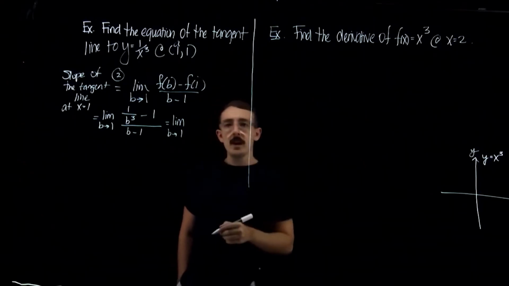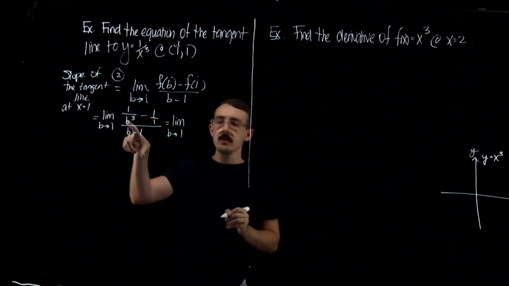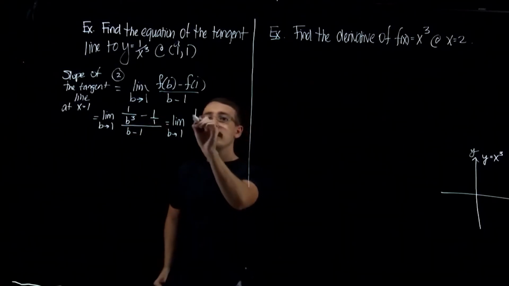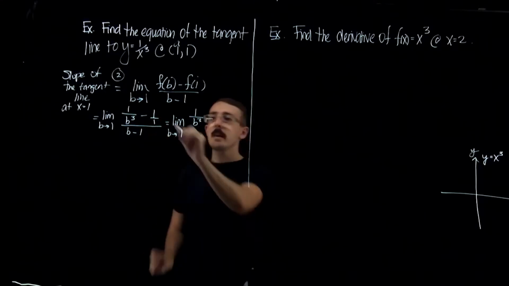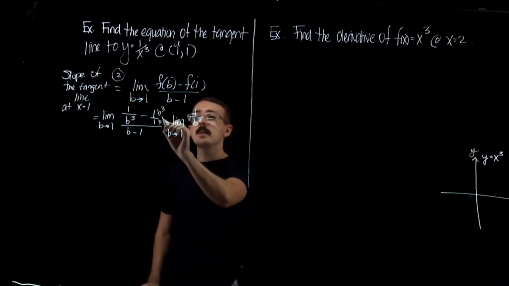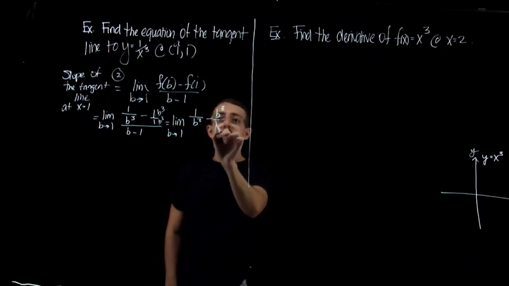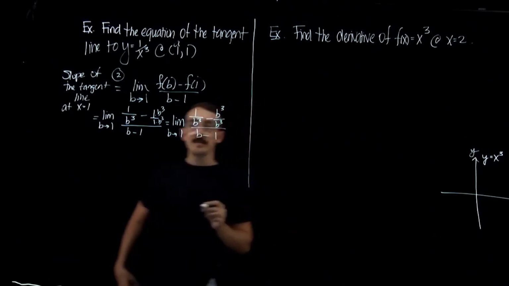I'm going to find a common denominator. So between 1 over b cubed and minus 1 over 1, my common denominator is b cubed. So this will be 1 over b cubed minus, for this one I need to multiply by b cubed over b cubed, just like that. So this will be b cubed over b cubed, which is equal to 1, all divided by b minus 1.